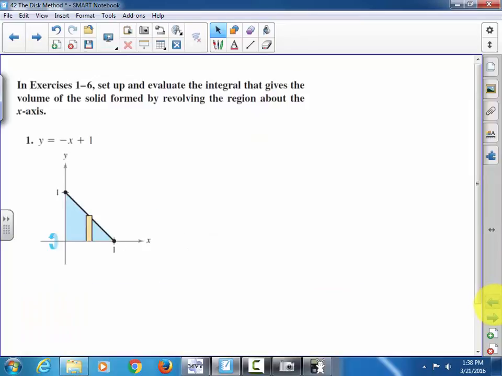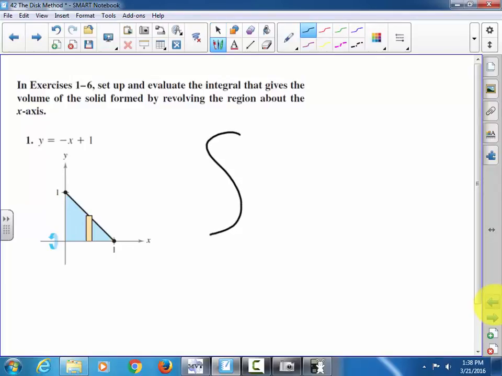Okay. So let's look at this particular problem here. Set up and evaluate the integral. I don't care about evaluating as much as I do setting up the integral. What would be the setup for this? What would my integration look like? Sarah Beth, what would I be looking at? 0 to 1.